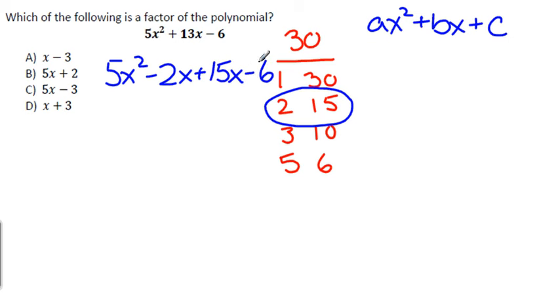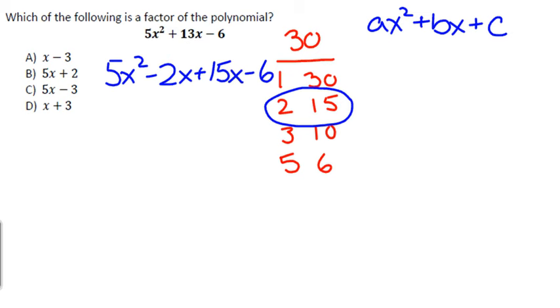And then we just rewrite the 6 here. Always double check: does negative 2x and 15x give me 13x? Yes, it does. So technically we didn't really change anything. We just broke up this 13 into negative 2x plus 15x, which if you combine them again, you get 13x. So that's okay.